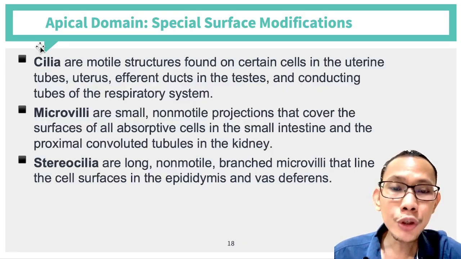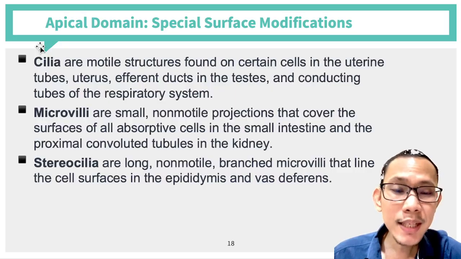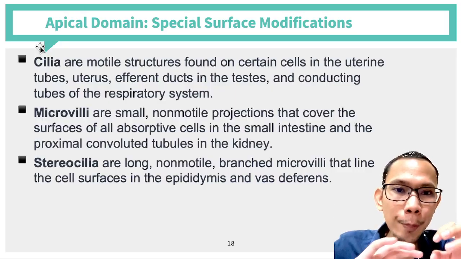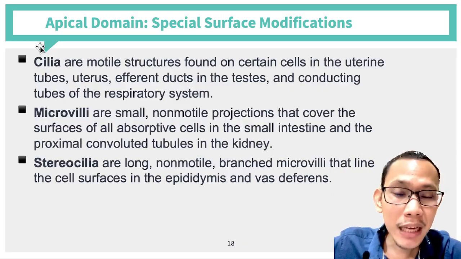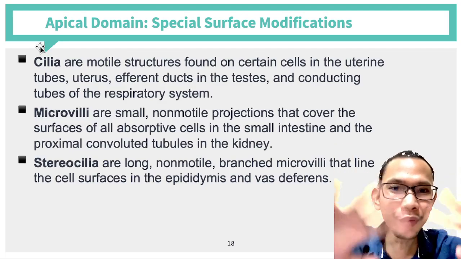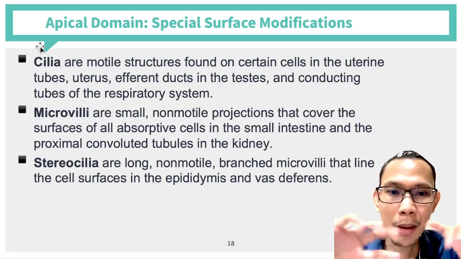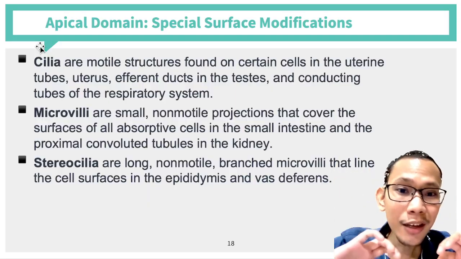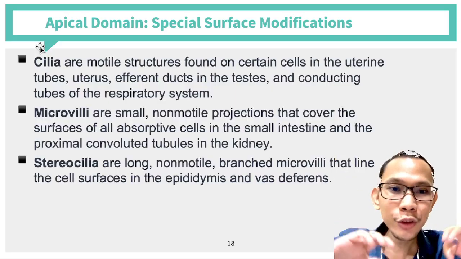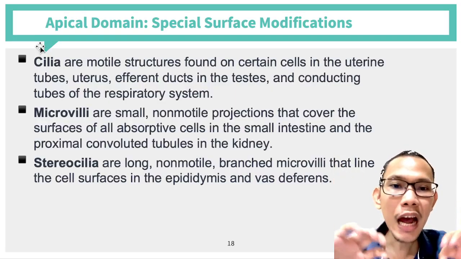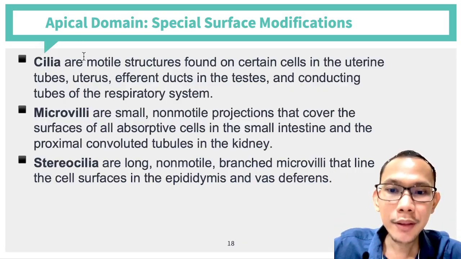So therefore, your cilia will be essential to transfer or remove them. It moves the foreign body out of the body. So the cilia will move. Again, remember, your cilia are highly motile. So therefore, it will move those toxic or foreign bodies outside the body. Okay? That's the purpose of your cilia in your respiratory system.